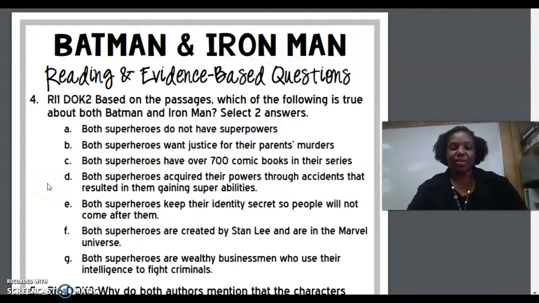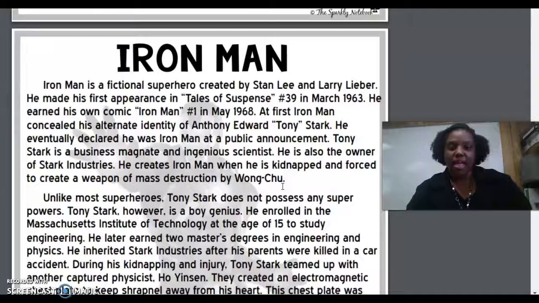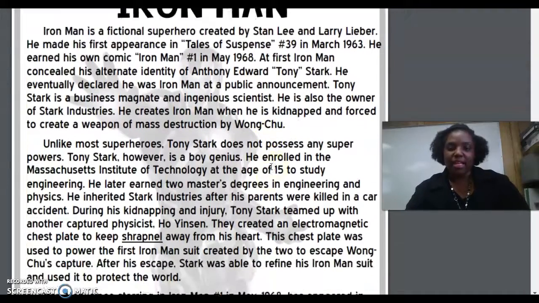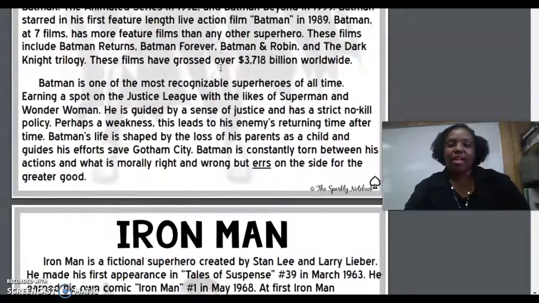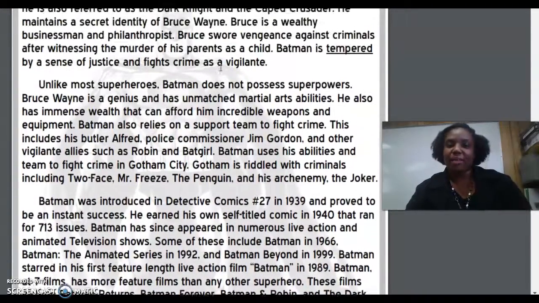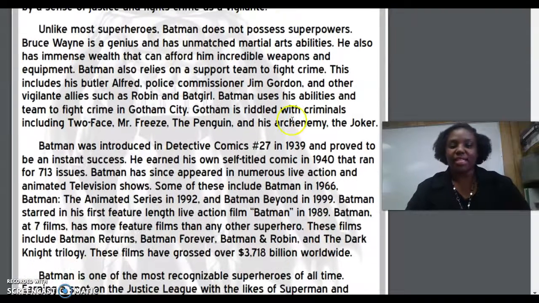So we're going to do one more together, and then you will do the following 3 on your own. So both superheroes acquire their powers through accidents that resulted in them gaining super abilities. So remember that Iron Man got his abilities through a kidnapping injury, and Batman just pays money for what he has, and he also has a team.